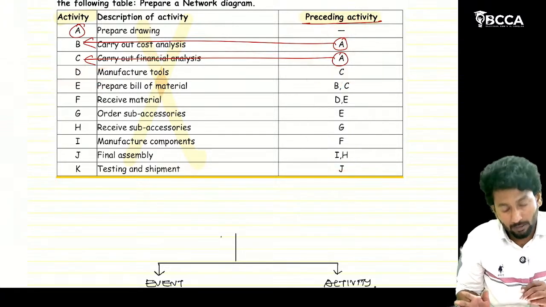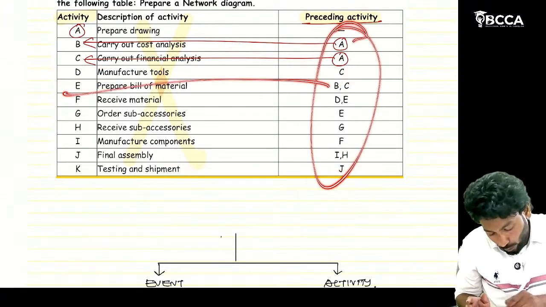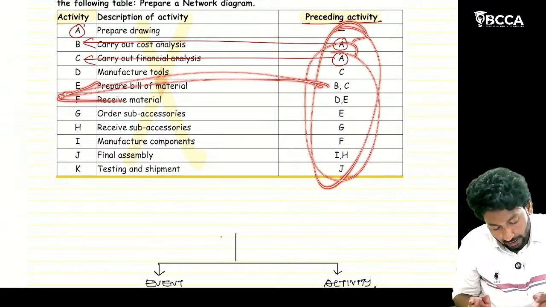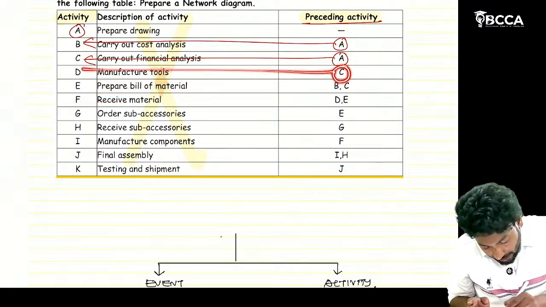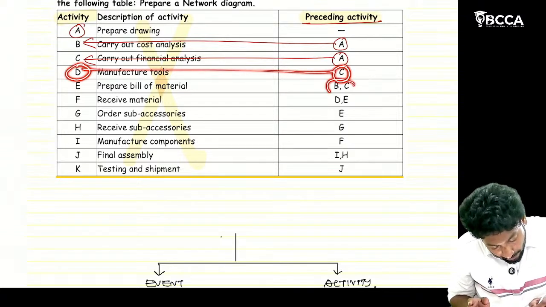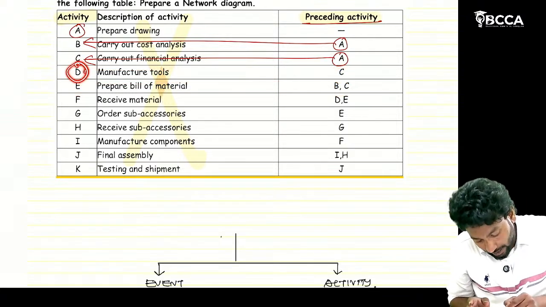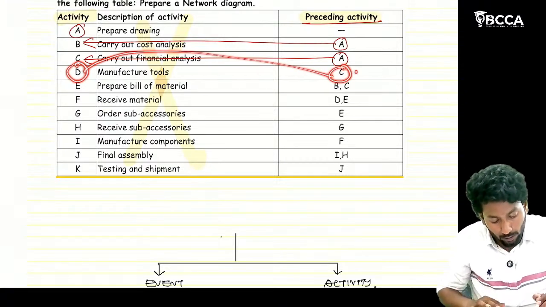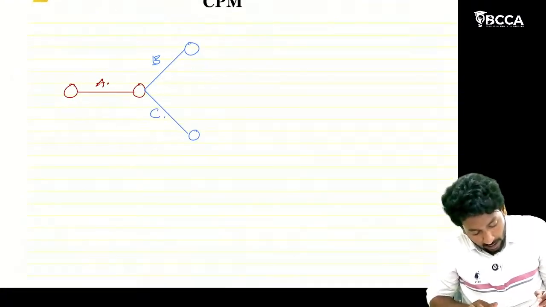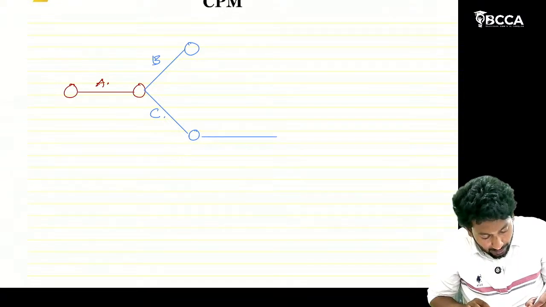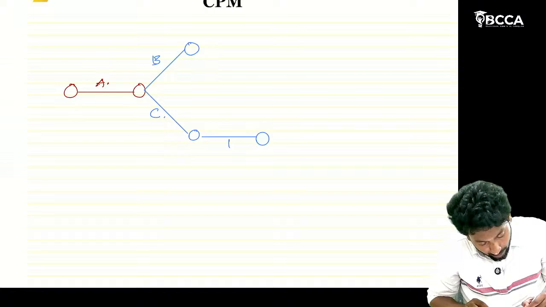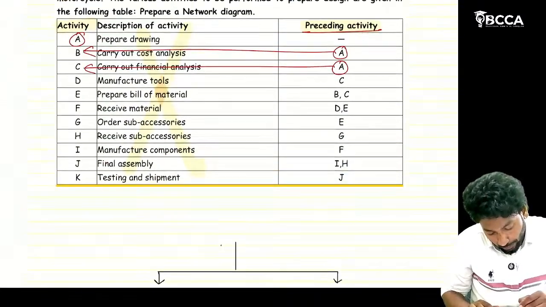After C ends, D can start. D has only one preceding activity, so after C ends, draw D. This is activity D.